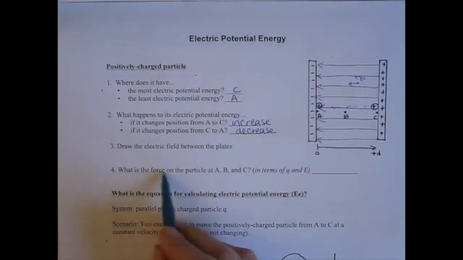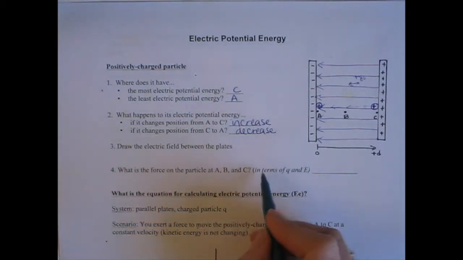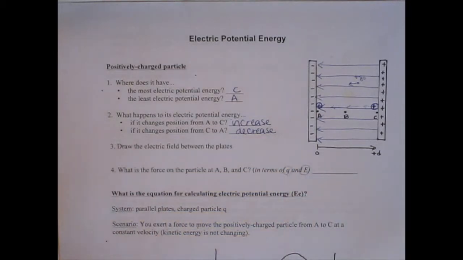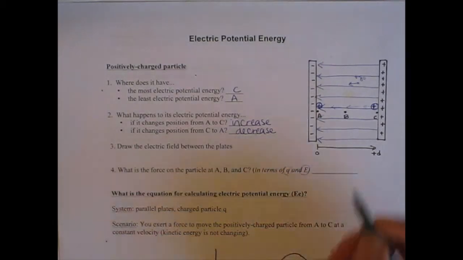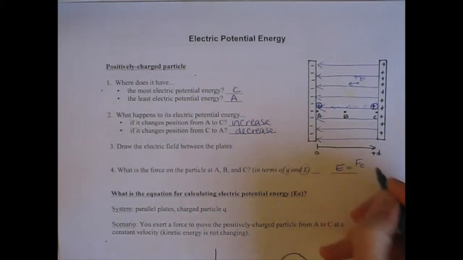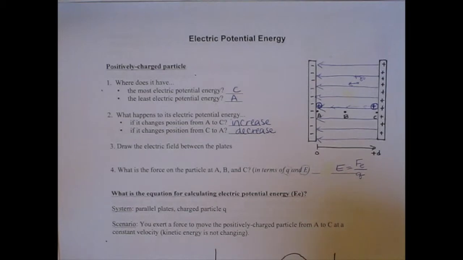Okay, number four. What is the force on the particle at A, B, and C? And I want the force in terms of the charge of the particle and the value of the electric field. We learned already that the definition of the electric field is the ratio of the electric force divided by the charge of the particle.